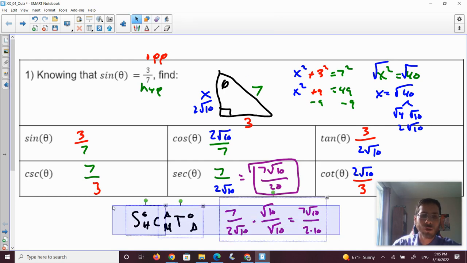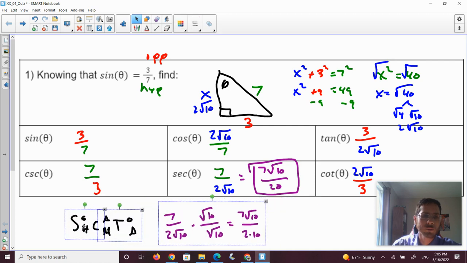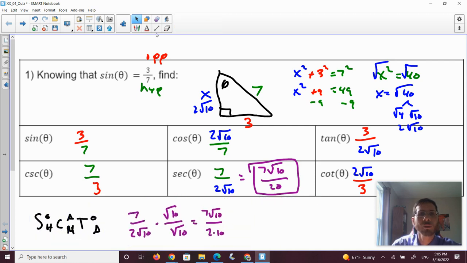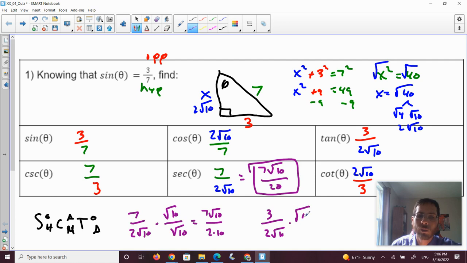So I actually want to move all this over to give myself a little bit more space because my face is in the way. And we're going to do the same thing, though. We're going to do 3 over 2 square root of 10 times square root of 10 over square root of 10.